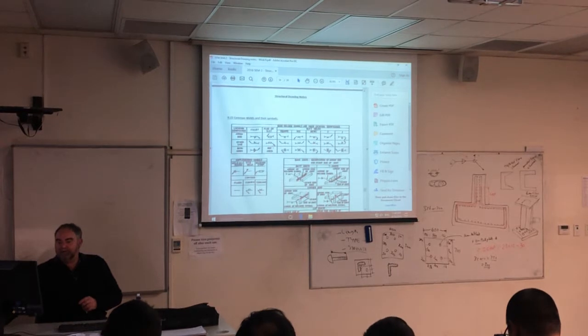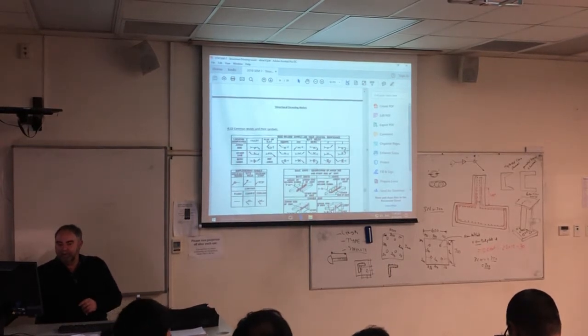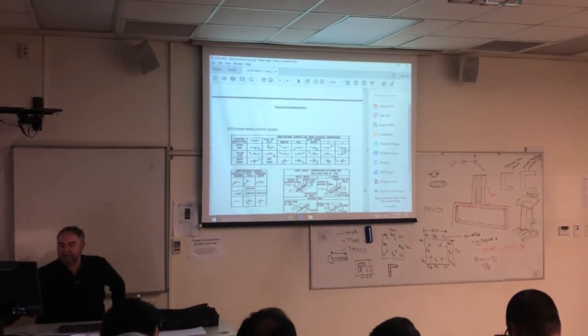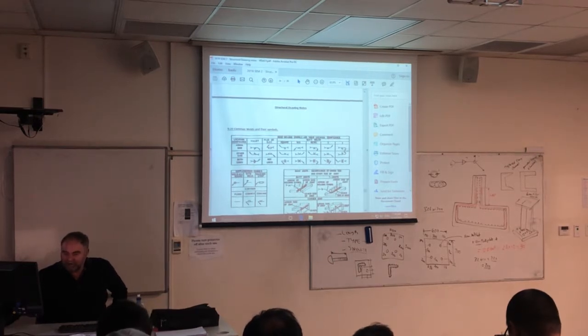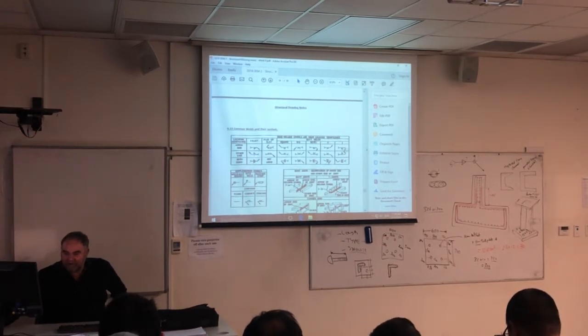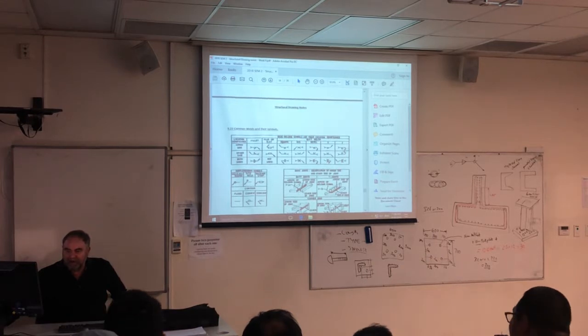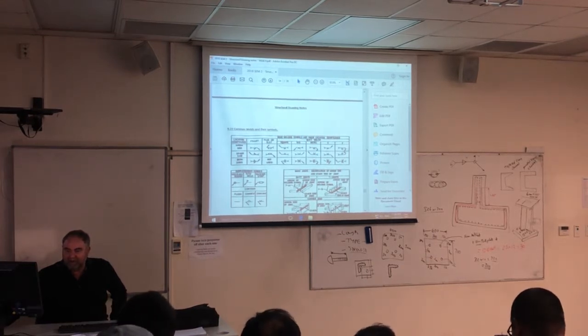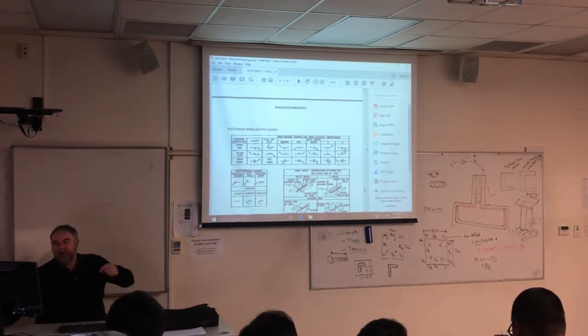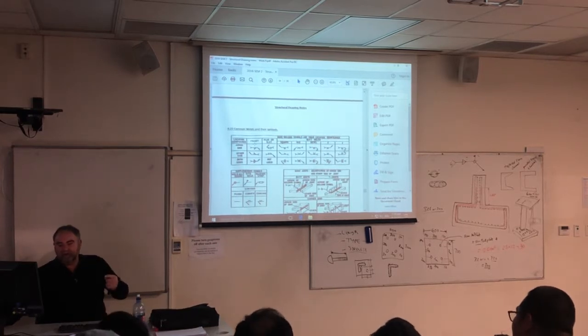So here's some of your weld symbols. And you can see here that this triangle I was talking about, when it's pointing down, it means that the weld is only on the arrow side where you pointed it to.